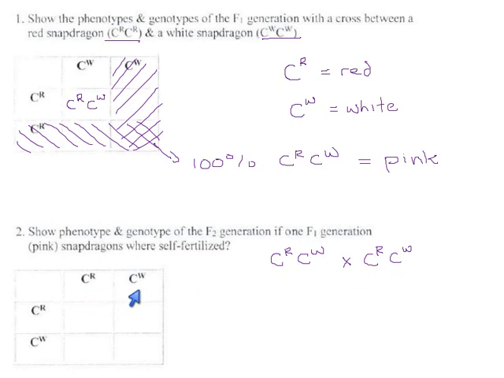So what do we get when we combine these? This plant is CRCR. This plant is a CR with a CW, and I'm putting the R first because alphabetical order. Here we get W and R, but I'm going to say the R first, alphabetical order. And here's CWCW. What do those look like? Red and red.